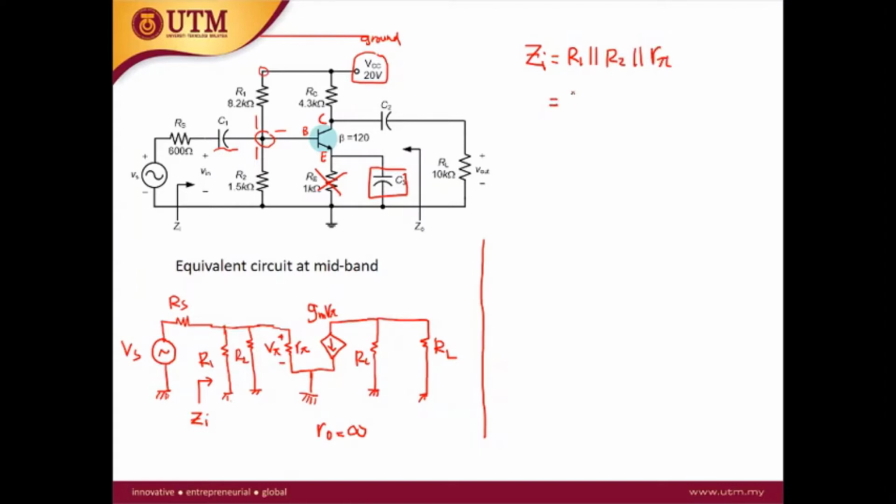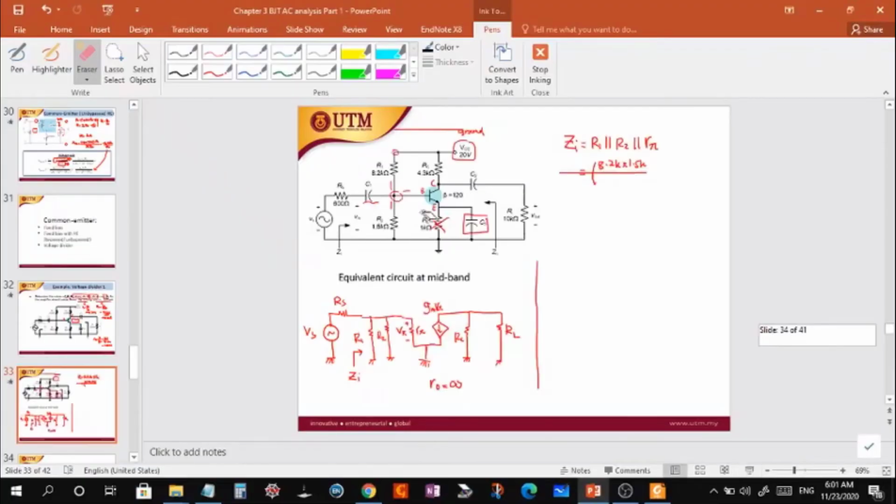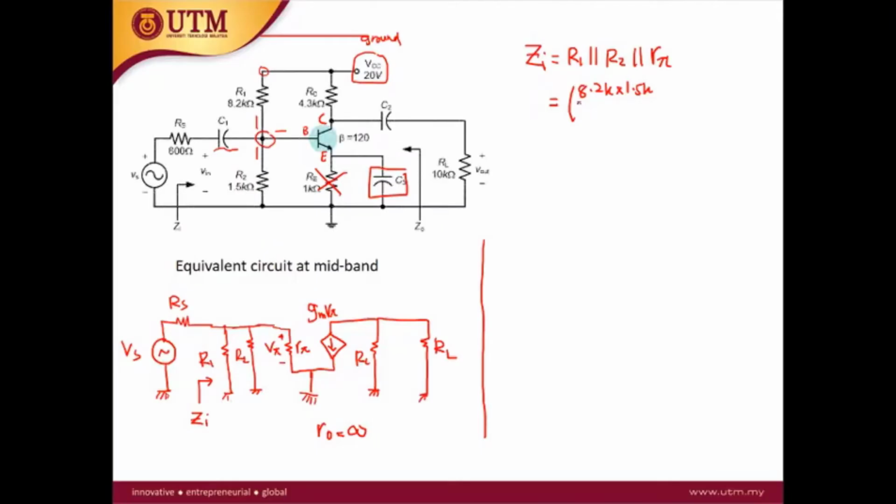R1 parallel with R2 is 8.2K times 1.5K over 8.2K plus 1.5K.